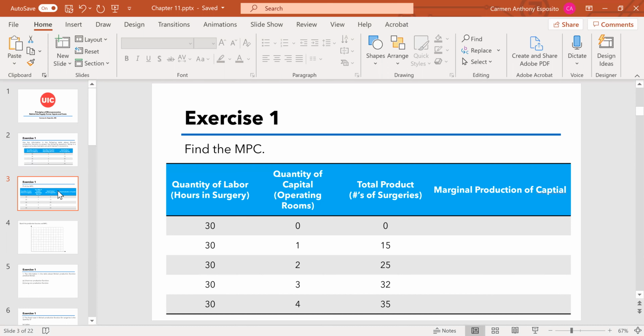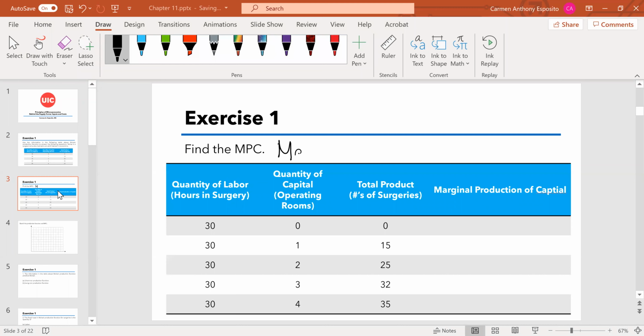The first thing we're asked to do is find the MPC. What is MPC? Well, it is the marginal production of capital.